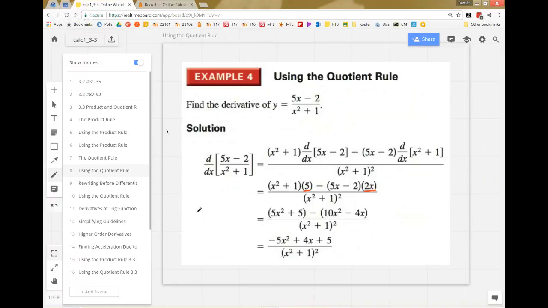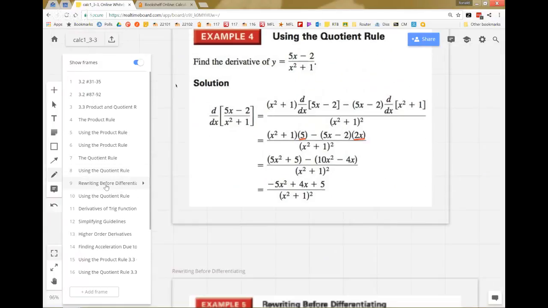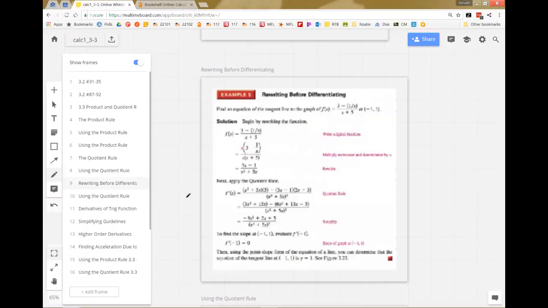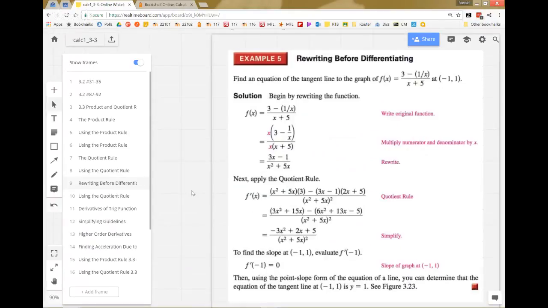Now, as usual, one has to be on top of their algebra game to really be effective using these rules. And this next slide indicates that often it's best to rewrite before you actually take the derivative.